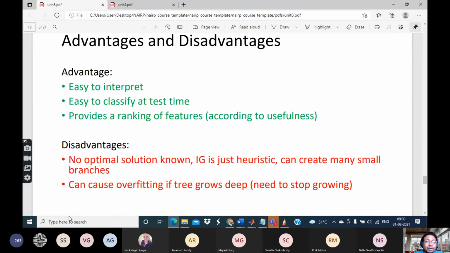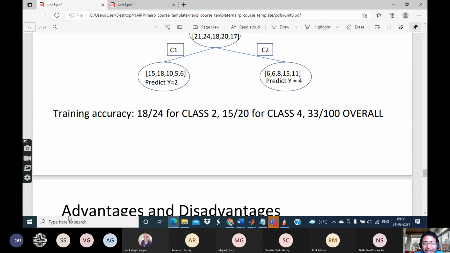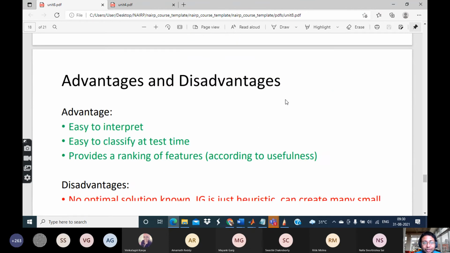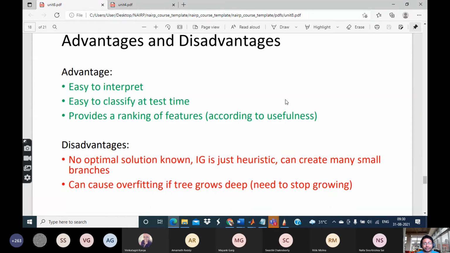But let us say that if we build a decision tree which is very deep, then what happens? That is essentially akin to memorizing the problems or solutions to problems, in which case you are likely to suffer from overfitting. So you do not utilize all the information that has been given to you.